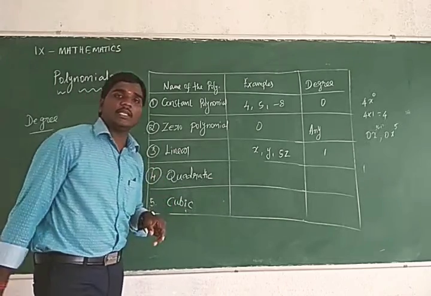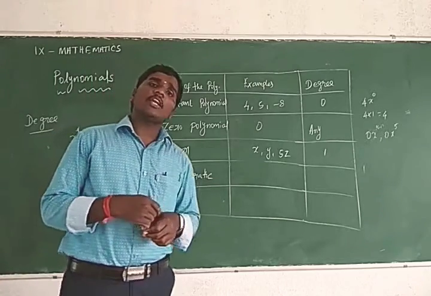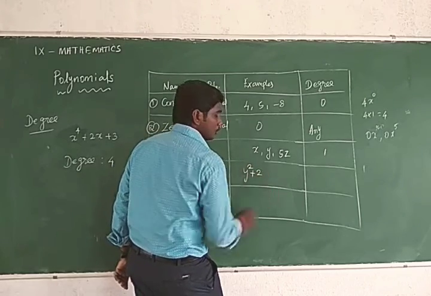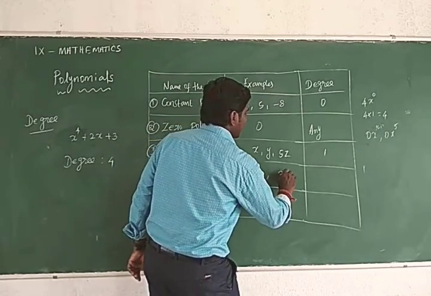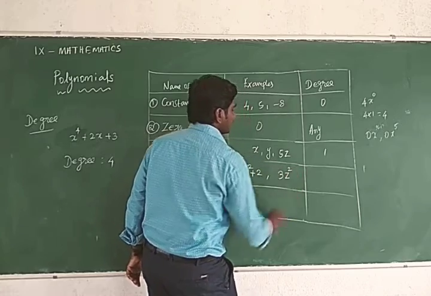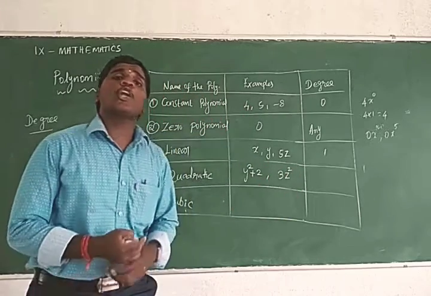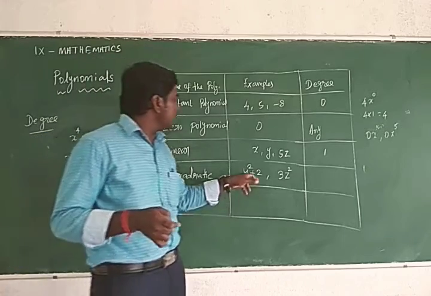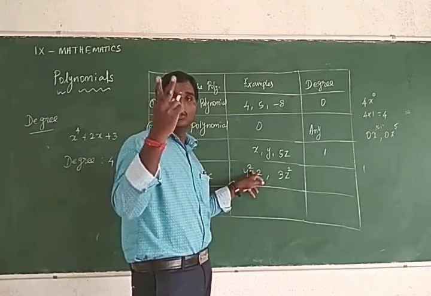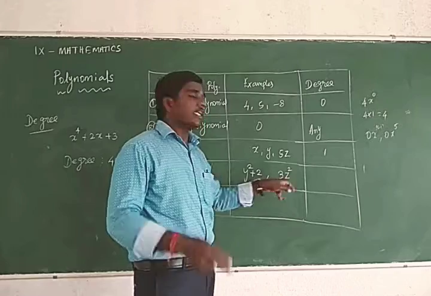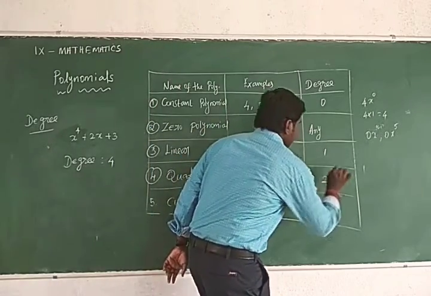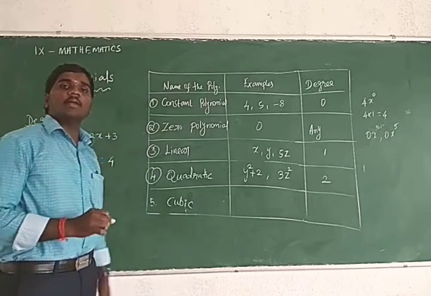Next, quadratic polynomial: y square plus 2, 3z square. These are quadratic polynomials. What is the degree? The highest power is 2, so the degree of this polynomial is 2.